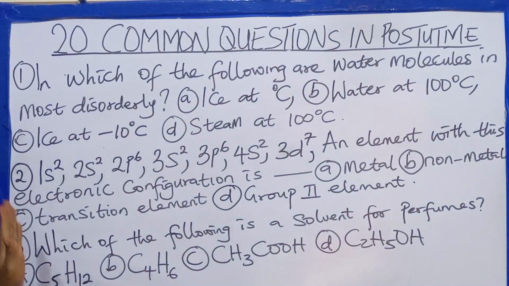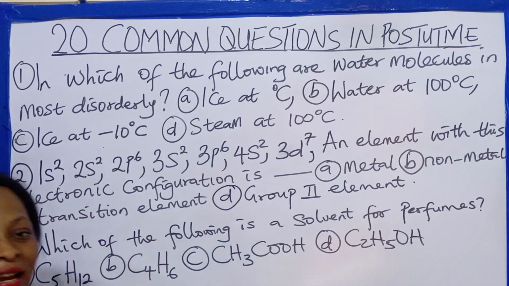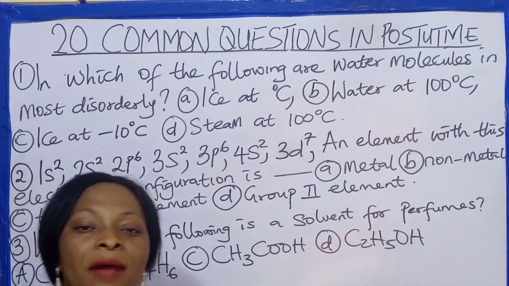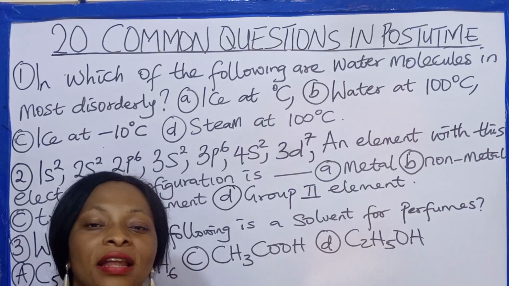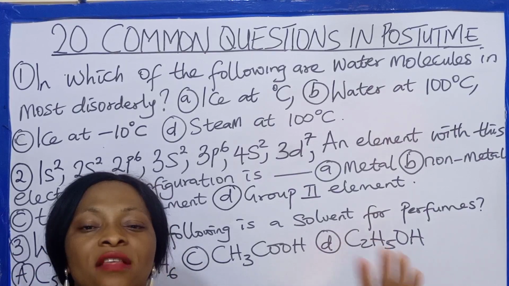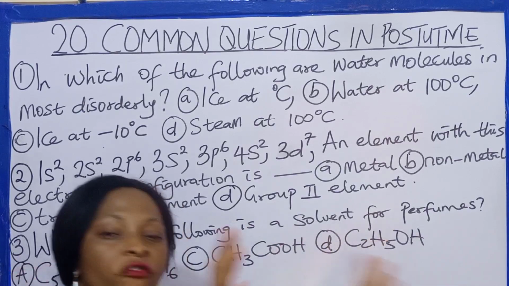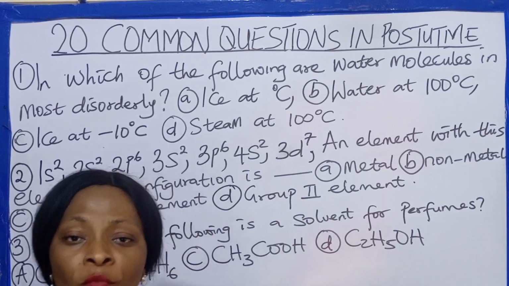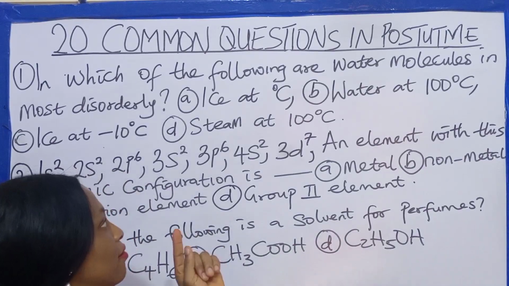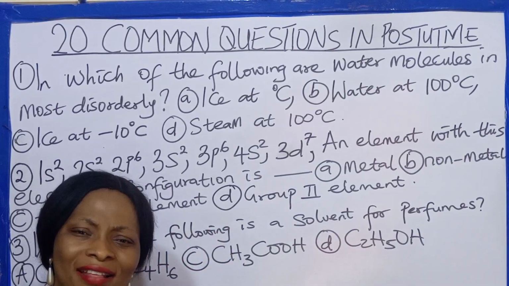Number 1. In which of the following are water molecules most disorderly? When we talk about water molecules being disorderly, we're looking at which one has water molecules moving around in random motion. Ice at 0 degrees Celsius.